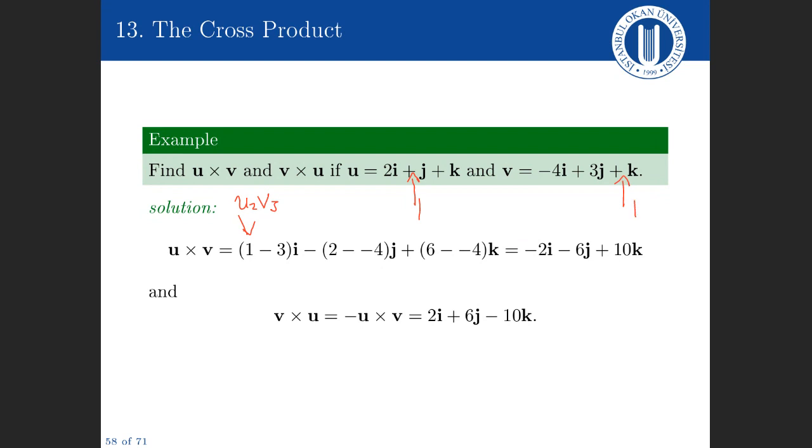So we have 1 multiplied by 1, or 1. And then we're going to be doing minus U3 V2, swapping the positions of 2 and 3. U3 is also 1. V2 is 3. So we have 1 multiplied by 3, or minus 3. And so on. I'll leave this for you to check. You can check that the correct answer is minus 2i minus 6j plus 10k.